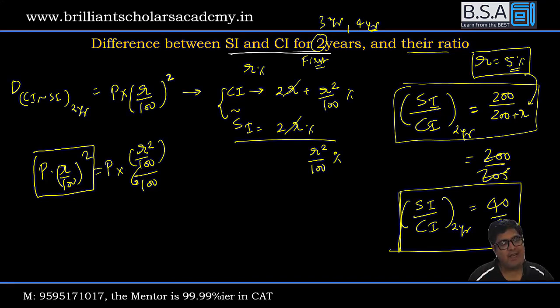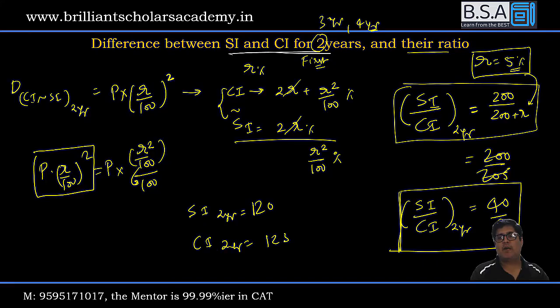What kind of question can be framed? You will be told that simple interest for 2 years, let us say, is 120, and compound interest for 2 years is 123.